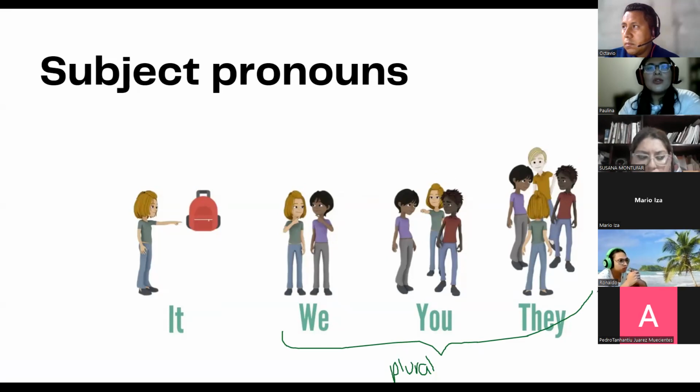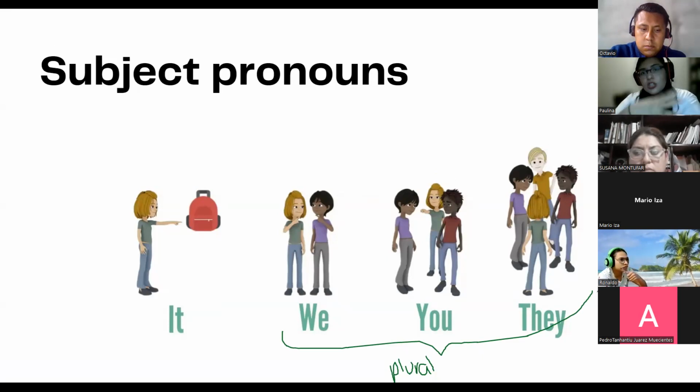Cuando estoy hablando de un grupo del que yo soy parte. Un grupo de varias personas donde yo me incluyo también. Por ejemplo, nosotros todos estamos en la reunión de Zoom. We are in the Zoom meeting.